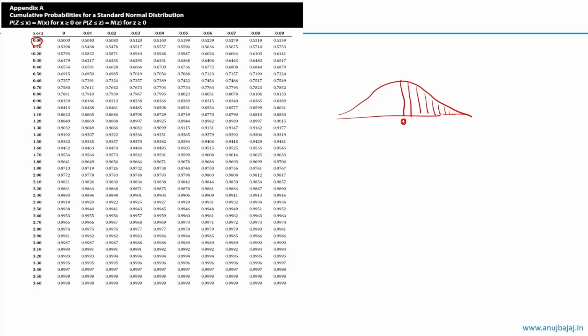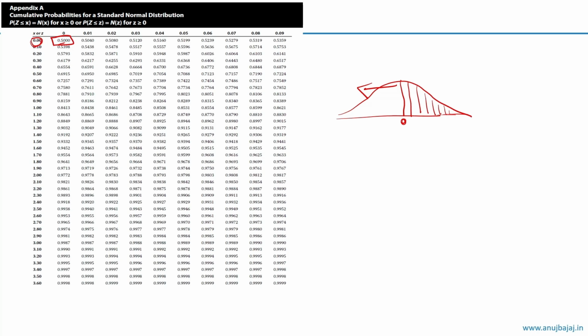So 0 standard deviation, we know that 50% of the observations lie below the mean or below the 0 standard deviation. So here also it is given that 50% of the observations lie below 0 standard deviation.